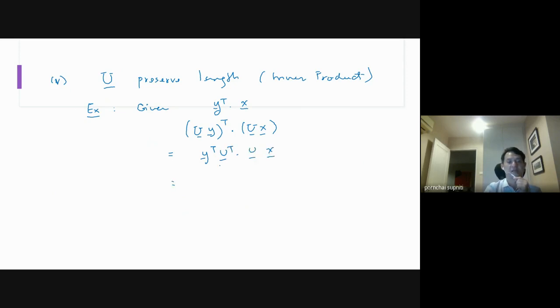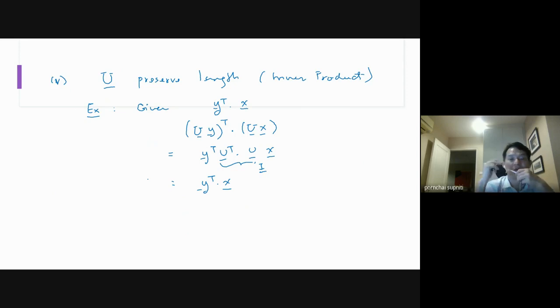But from property number 3, these two give just the identity matrix. So I get y transpose multiplied with x. So sometimes when we have a system that multiplies vectors together, like convolution or projection, we can multiply with this unitary matrix in order to solve something more easily, and it will not change the size.